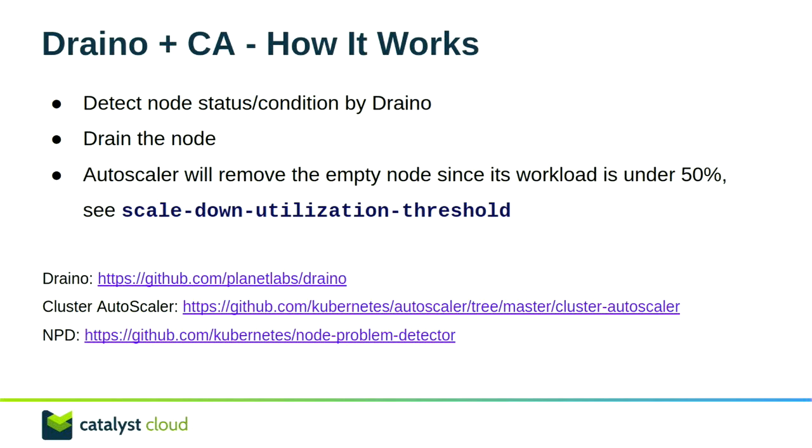But the problem is, in that case, you can't predict the final worker node number. For example, initially you have 3 worker nodes, and currently worker 1 is down, and Draino just detects the failure and drains the worker node.